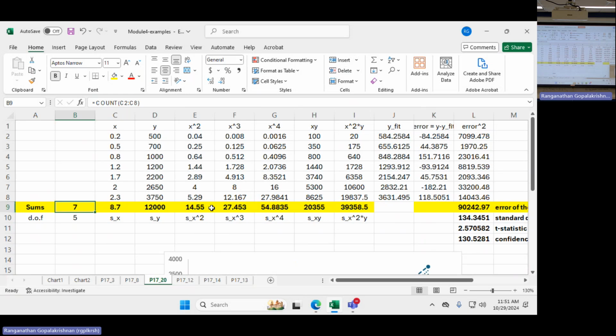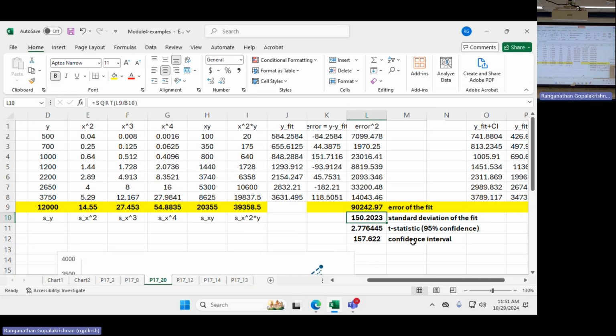What is the degrees of freedom? N minus 3 or 4, right? Right here I have made a mistake. This is minus 3. So then I have my standard deviation, which is standard error divided by degrees of freedom, square root, t statistic, and then confidence interval.